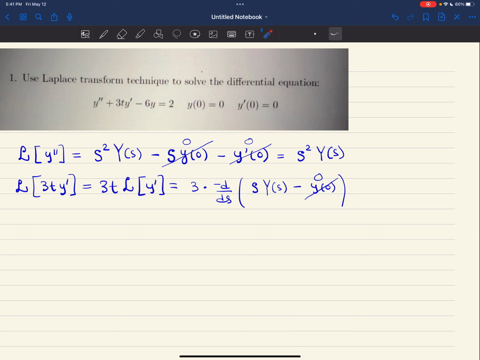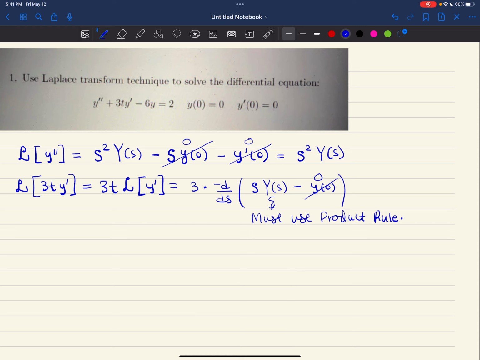Clearly, we would have to use product rule here, because we have s times big Y of s, right?